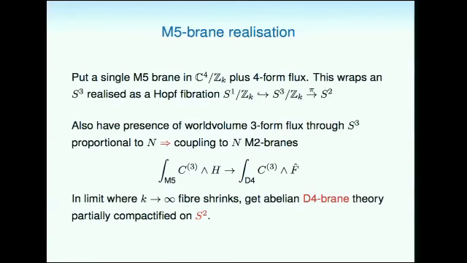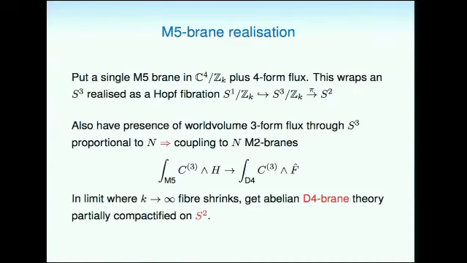We will choose this time the M5 brane to wrap an S3 which lives inside this S7 mod Z_K, and we will also want this to be realized as a Hopf fibration. This is because we want to be able to reduce on a circle and relate to type 2A in a second. Once again, since this S3 lives in here, you think of it as a Hopf fibration of S1 over S2, and the Z_K action here acts only on the S1 fiber.